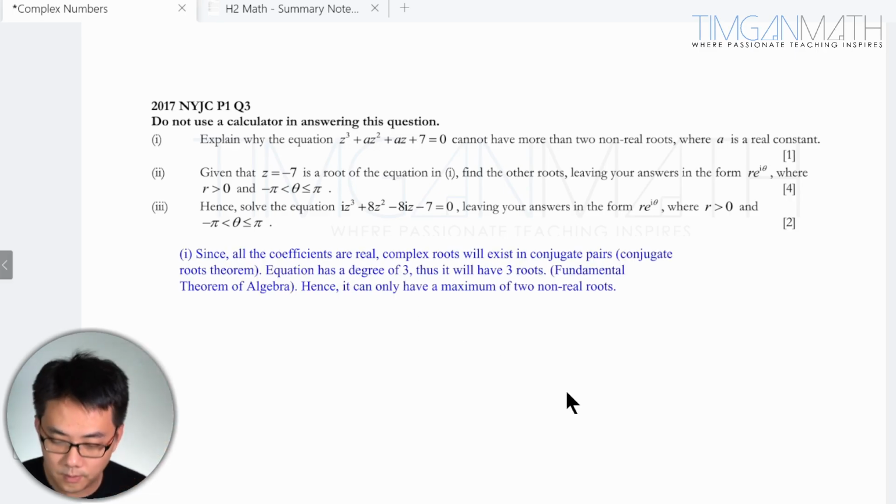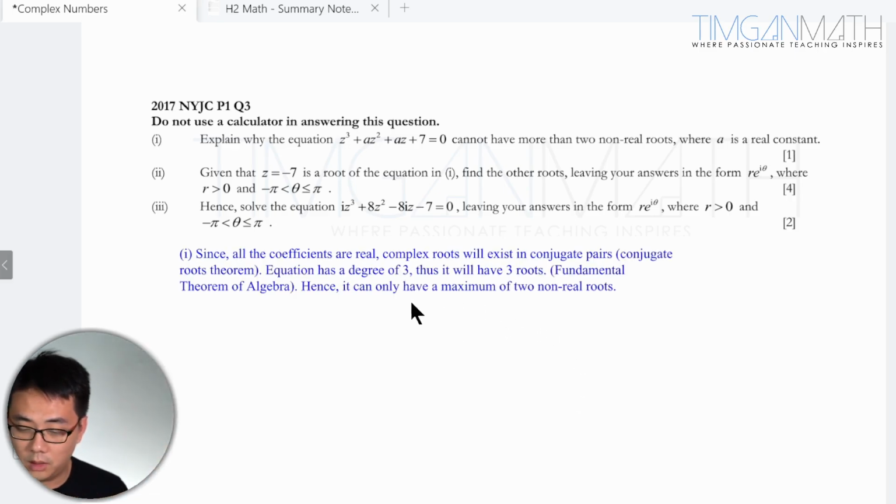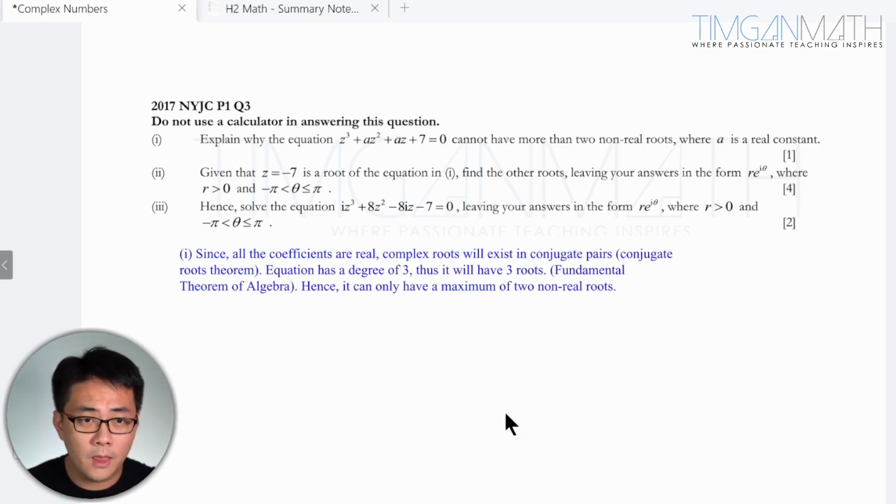Yeah, that's it. It can only have a maximum of 2 non-real roots. Yeah, so I write it. Okay.